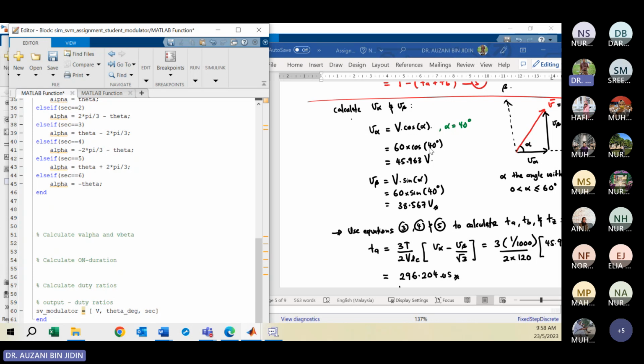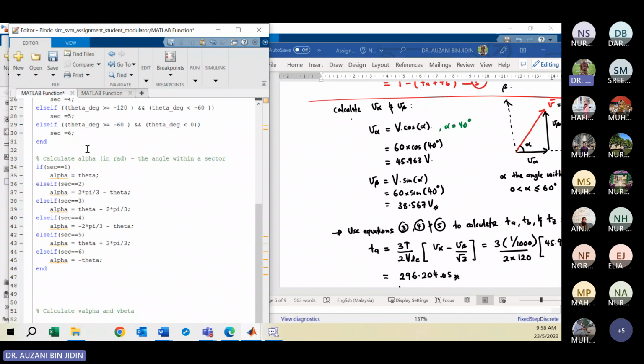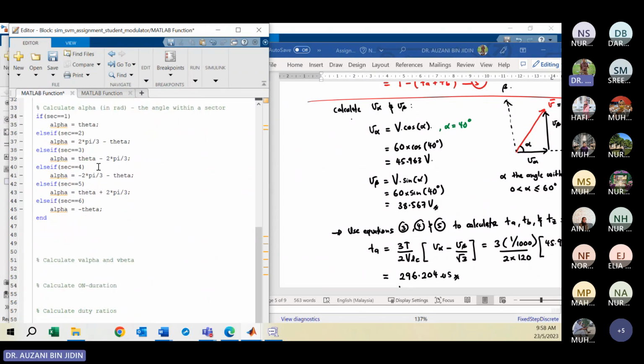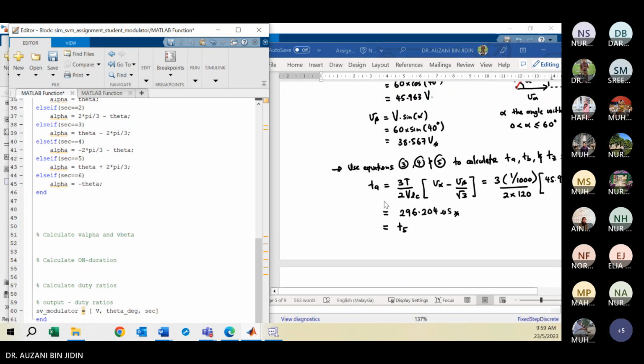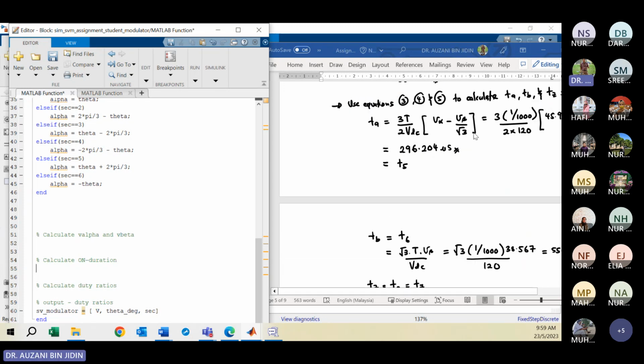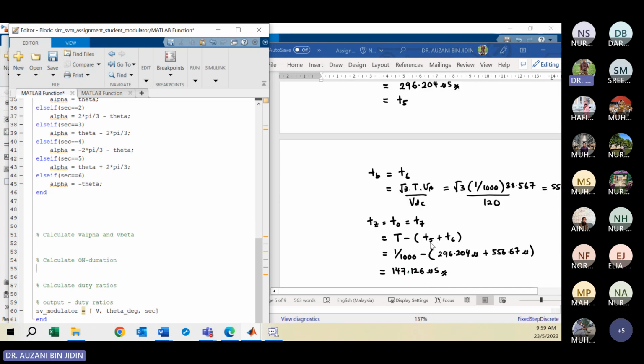Alpha you have obtained already from the previous step. Very straightforward. Then proceed to the next step, calculate the on duration TA, TB, TZ, applying this equation.